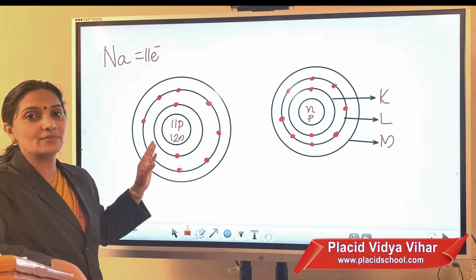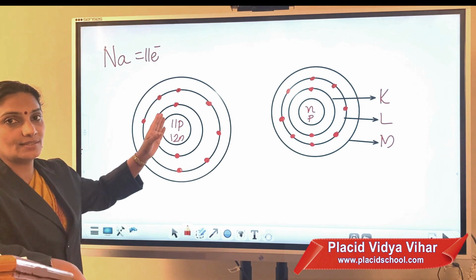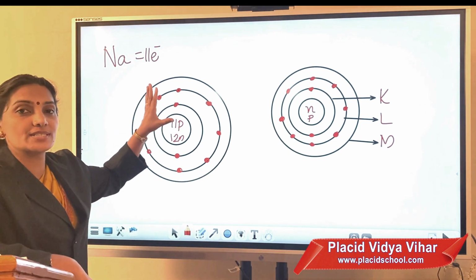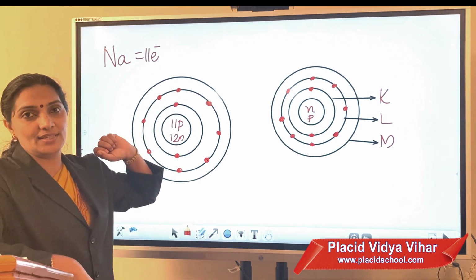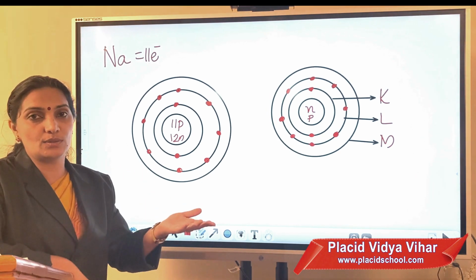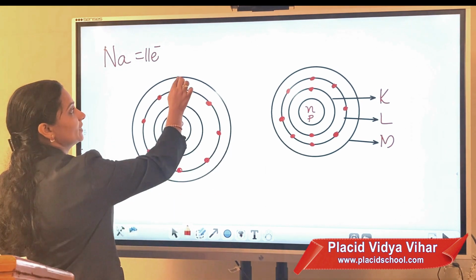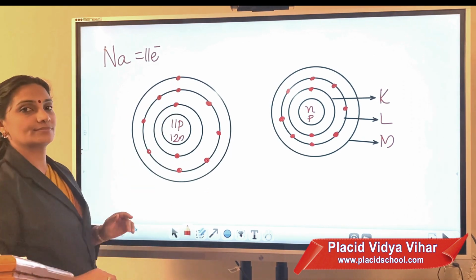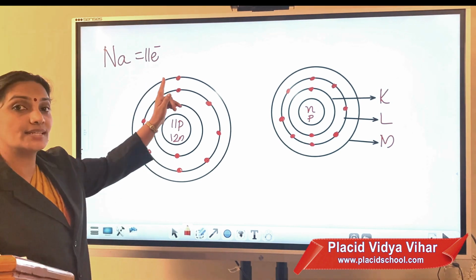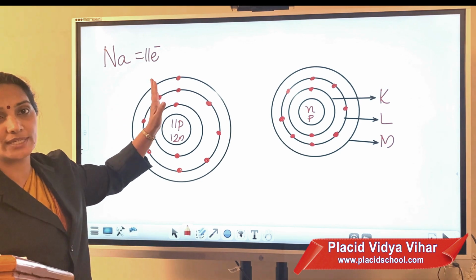So by giving 10 electrons in these 2 shells, we completed the first shell and the second shell. Then one more electron remains. Where should this electron go? It will move to the third shell. That is, the last electron, the 11th electron, will move to the third shell of the sodium atom.